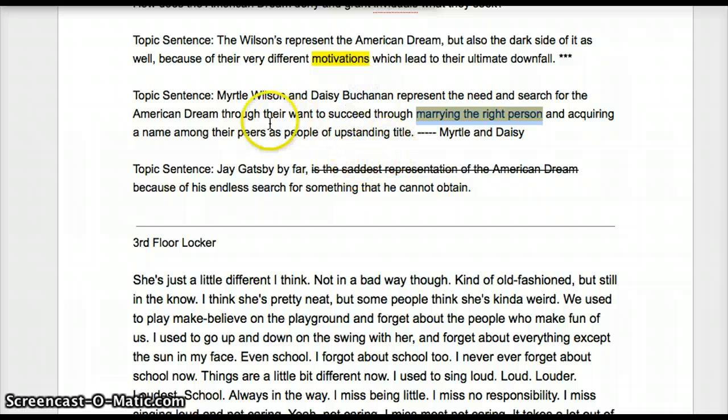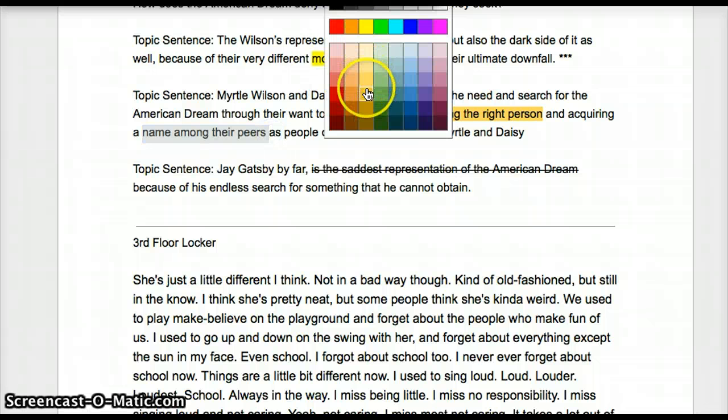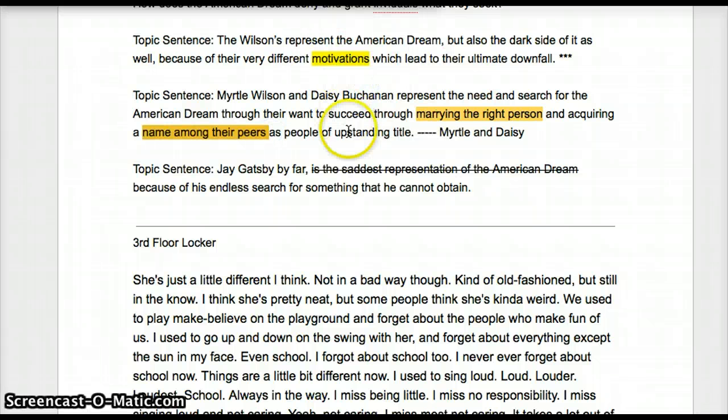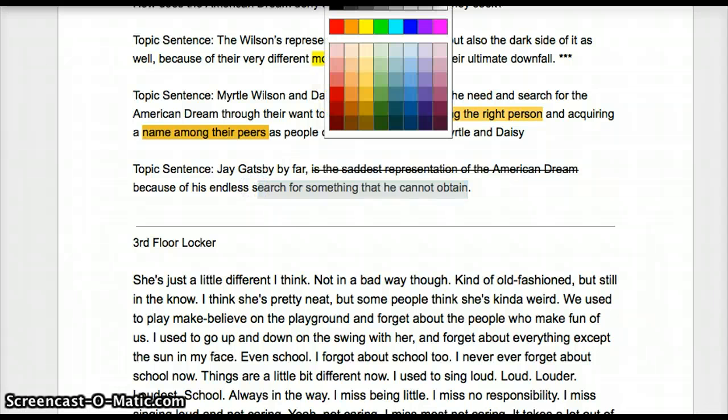There's another one in here: a name amongst peers. And when you come down to the sentence by Jay Gatsby, this is not needed right here, but this is some really good stuff, searching for what can't be found.